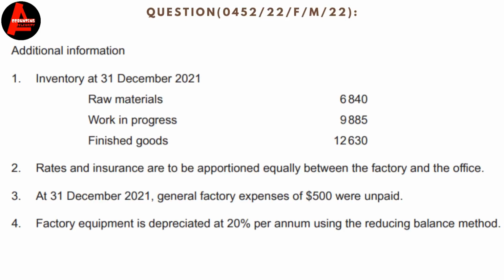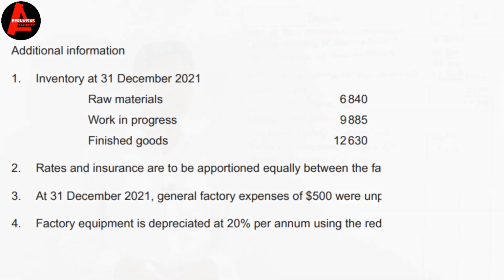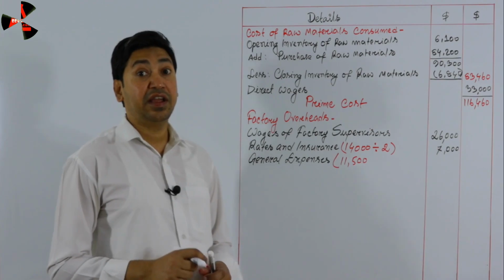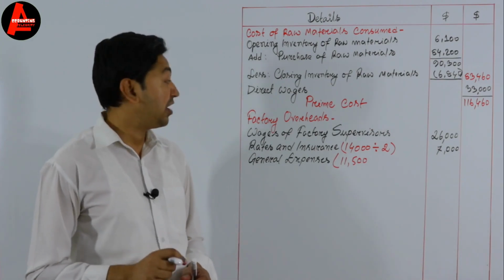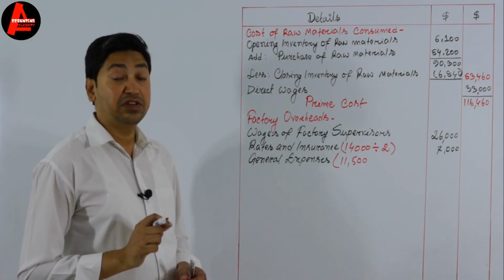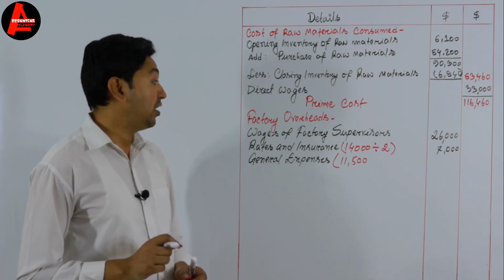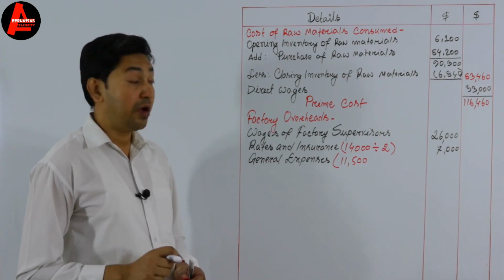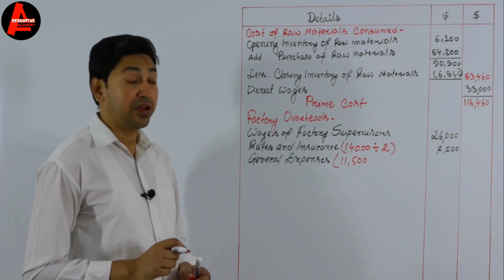What is the adjustment? Number 3, at 31st December 2021, general factory expenses of $500 were unpaid. Unpaid, outstanding, accrued, whatever. If you see these terms in the question, you need to add the amount with the balance given on the question.